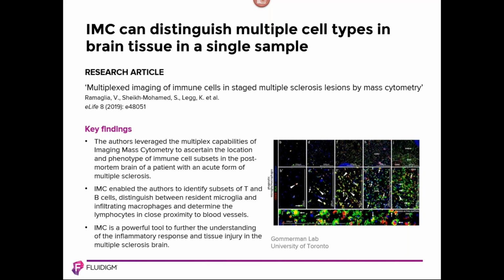Being able to visualize many different markers in a single sample enabled the authors to identify subsets of T and B cells and distinguish resident microglia from infiltrating macrophages. The spatial context of the image allowed the authors to determine which types of lymphocytes are in close proximity to blood vessels.